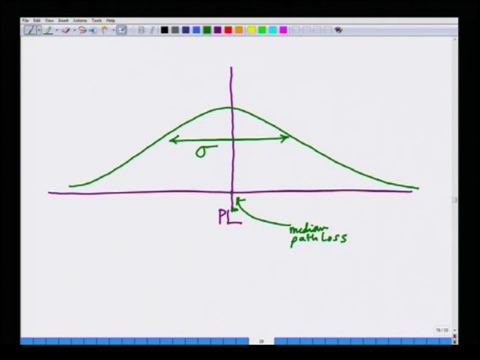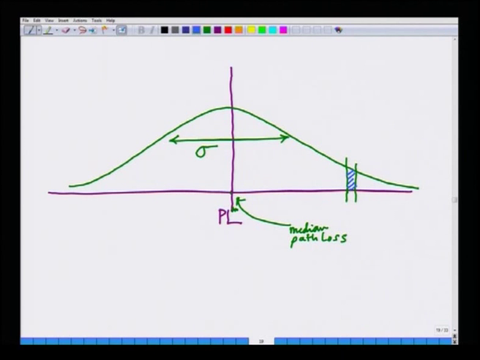Hence, for instance, the path loss can take any values in the range. For instance, if you ask what is the probability that the path loss lies here, that is essentially given by the probability that the path loss lies in this small region. So, the path loss can fluctuate as a function of distance and time. It is a random variable, and hence we can only speak about a probability.